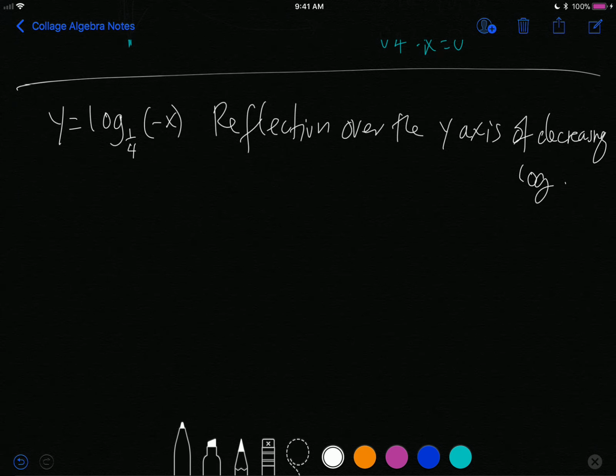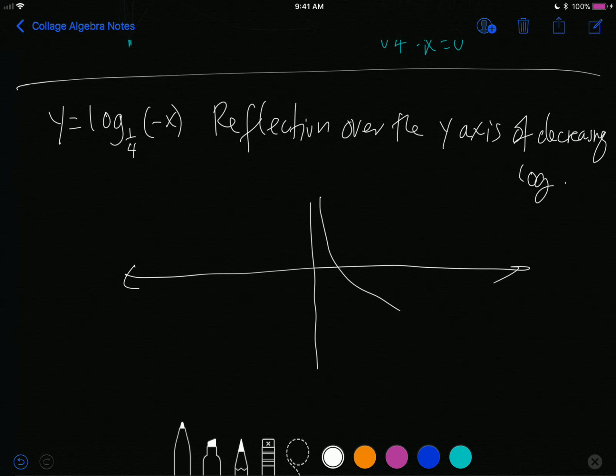My regular decreasing log just looks like this. This right here is 1. If I reflect this over the y-axis, I will get this graph right here. This point right here clearly must be negative 1.